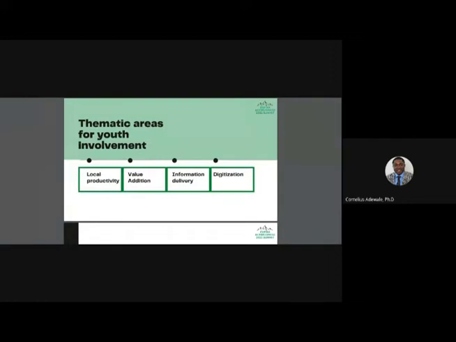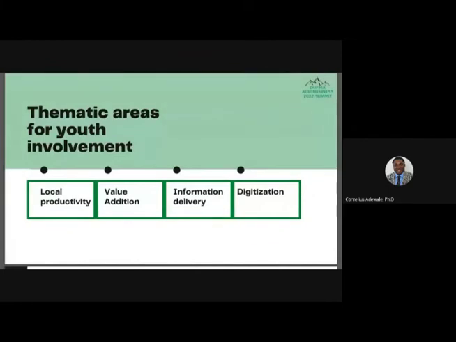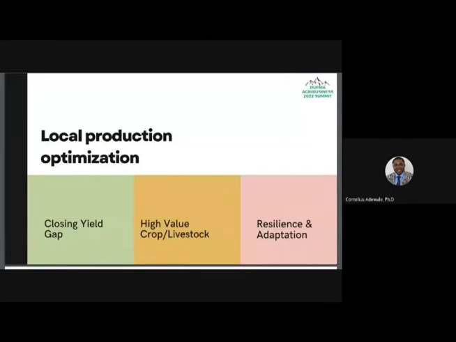My goal is also to use a number of case studies as we see young people in Nigeria and also in other places taking advantage of a lot of these opportunities that still exist within the agricultural value chain as a whole. So, first, I want to talk about local production optimization.